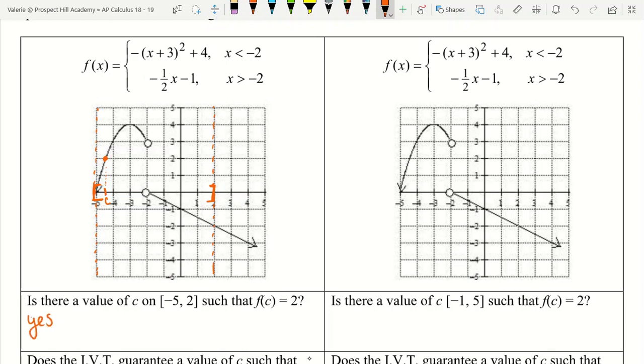So yes, c is somewhere between -5 and -4. Our c is going to exist somewhere between -5 and -4, which is within our interval.